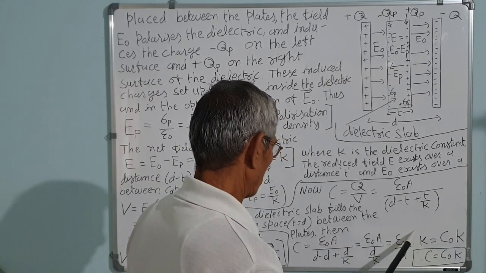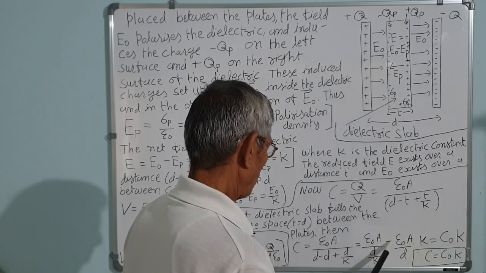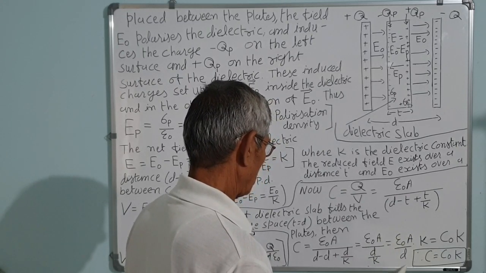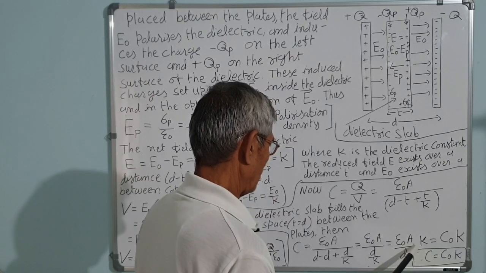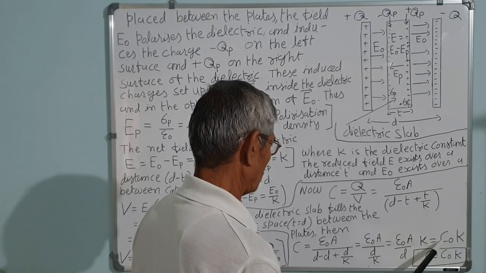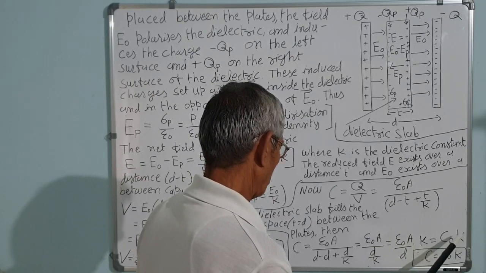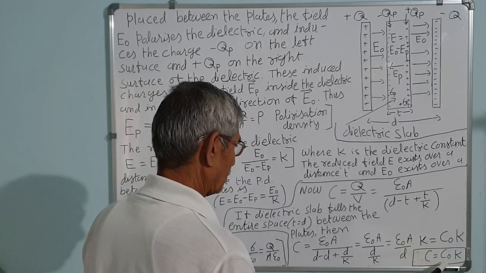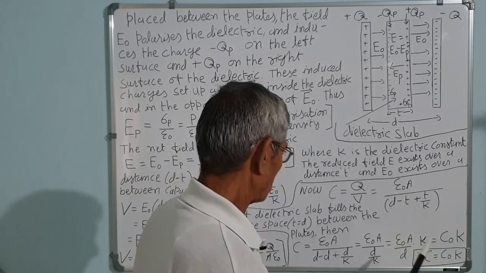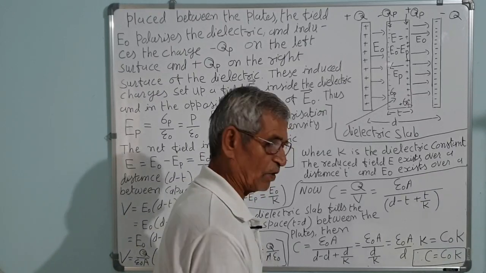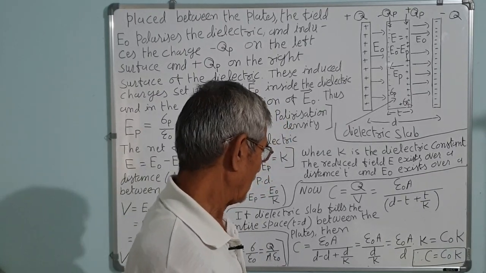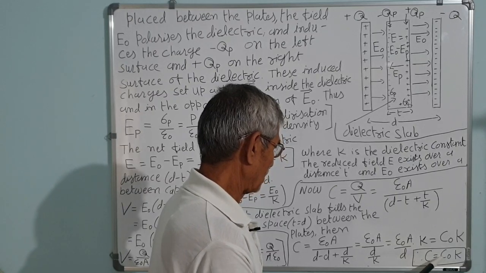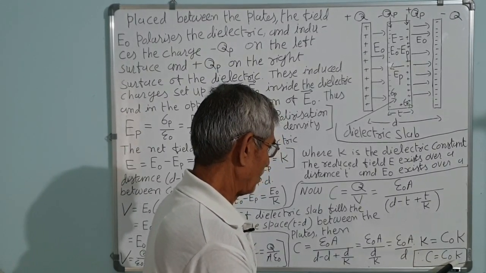This is nothing else but the value of capacitance in vacuum or air. Let us call it C0, that is C0 into K. Thus, C is equal to C0 into K, that is capacitance increases. K has a value more than 1, that is the dielectric constant, and hence capacitance increases by this amount.